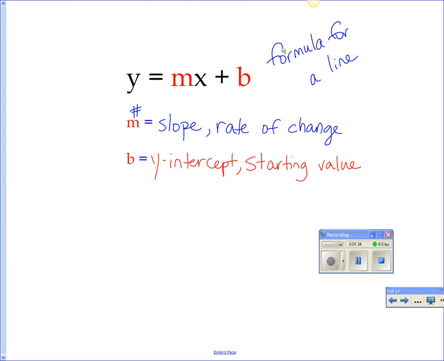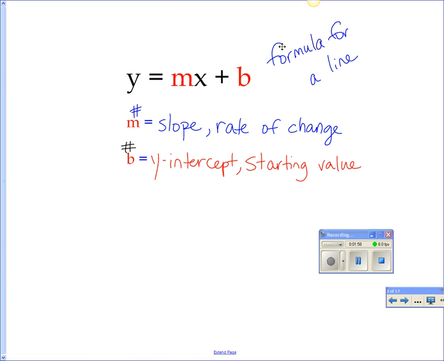Okay, and b is also a number. So, m is always beside the x, and it's the number that gives you your slope or your rate of change. The b is the number that doesn't have the x, and it gives you the y-intercept and the starting value.